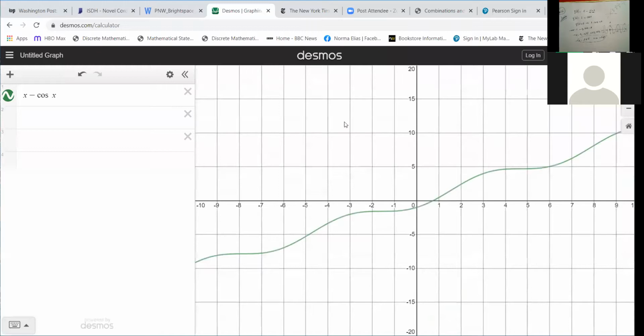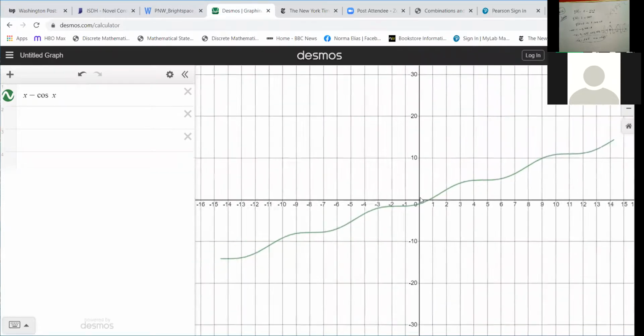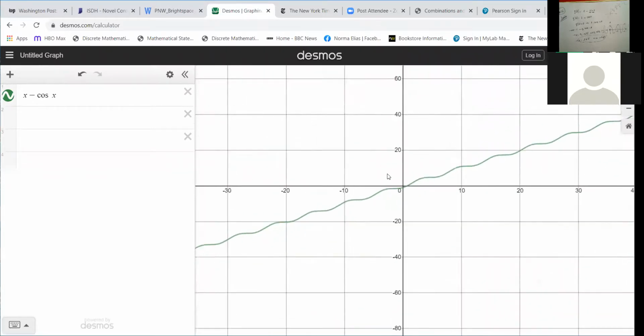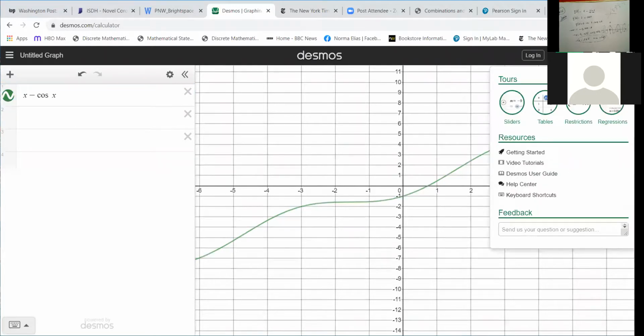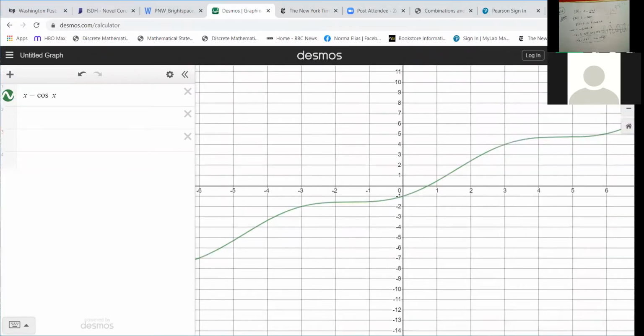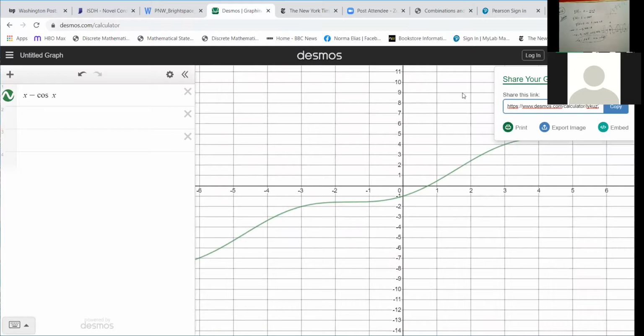Okay. So basically what we're looking for is this point right here. So the graph is not very good, so I would like to change the graph a tiny bit.